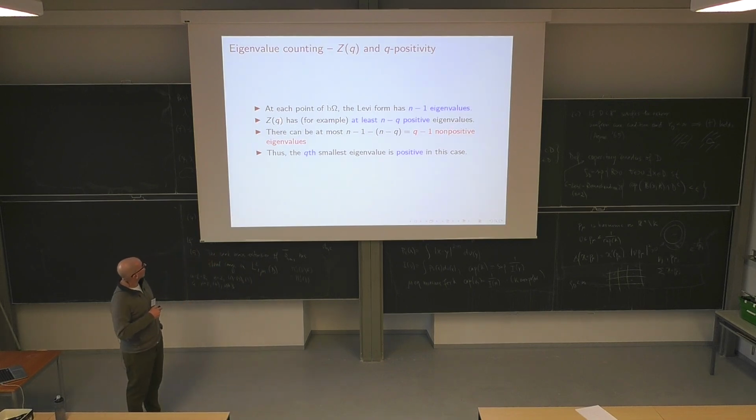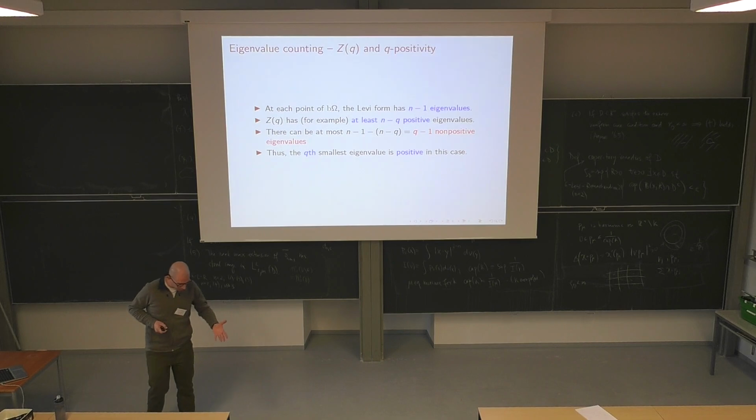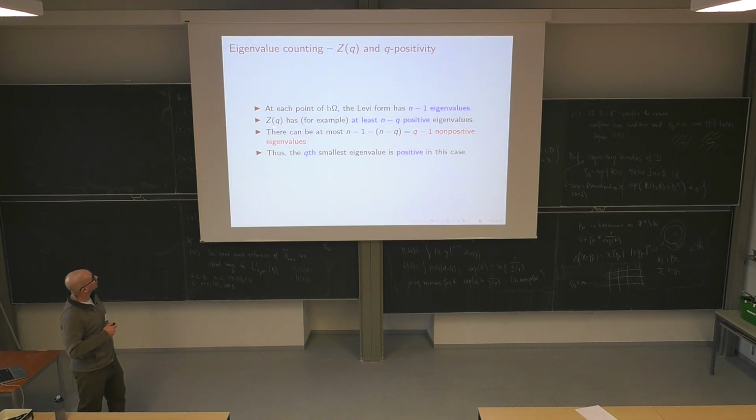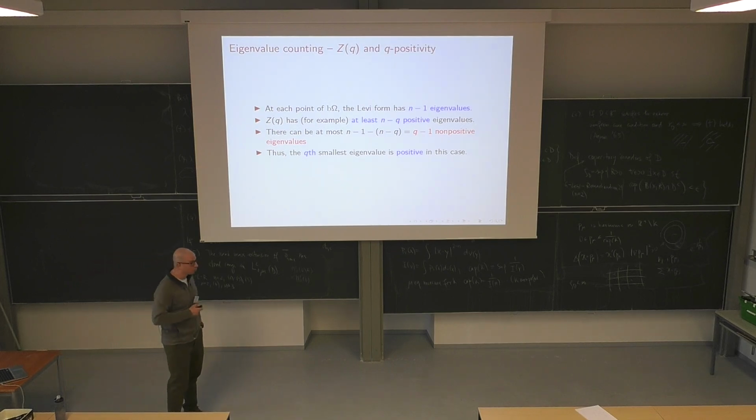So I'm going to formulate a result that's true for ZQ. I'm just going to talk about the case when we have N minus Q eigenvalues. There's a formulation for the other pieces of the boundary where you have Q plus 1 negative eigenvalues. And so ZQ has, for example, at least N minus Q positive eigenvalues. This means that the Levi form has at most Q minus 1 non-positive eigenvalues, which means that the Qth eigenvalue is then positive, okay?